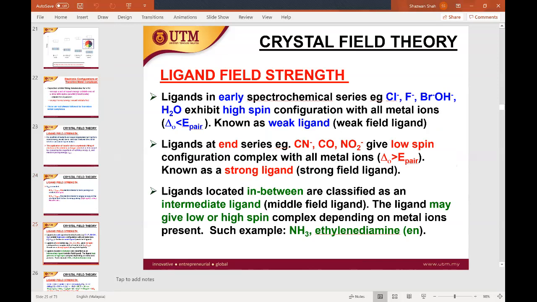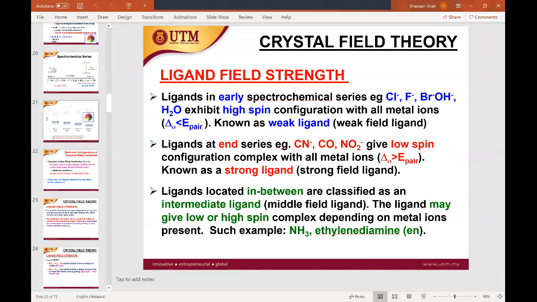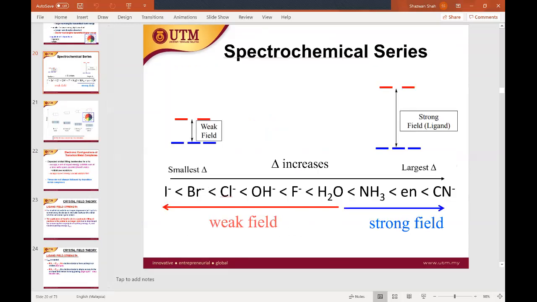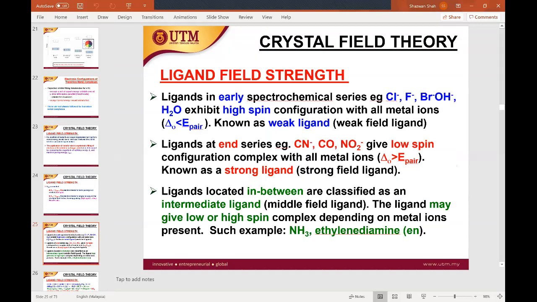So now we look back at the spectrochemical series. Ligands at early spectrochemical series, for example, halide, exhibit high spin configuration.